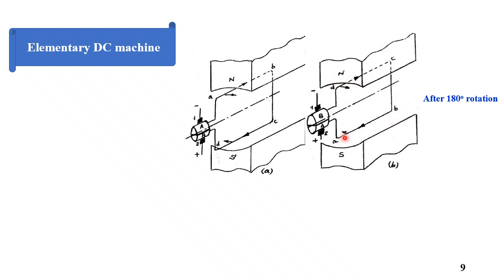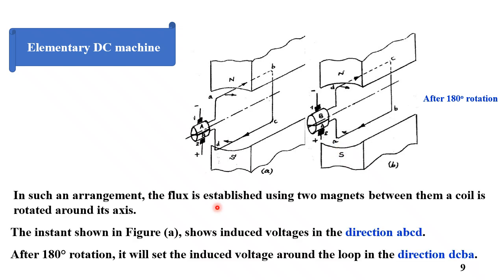For the conductor AB, the direction of motion will be to the left side, and the flux will be downwards. Then the current will be from B to A. So the current in the conductor CD has reversed direction from the first figure to the second figure after 180 degree rotation, and the same for the conductor AB, the direction of the current is reversed.